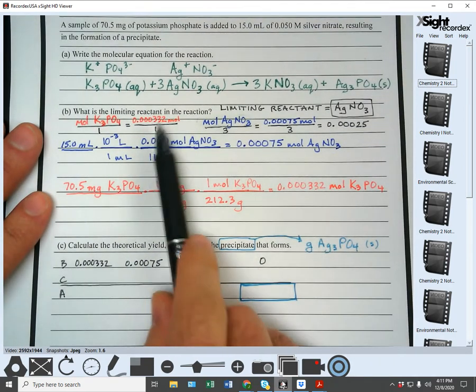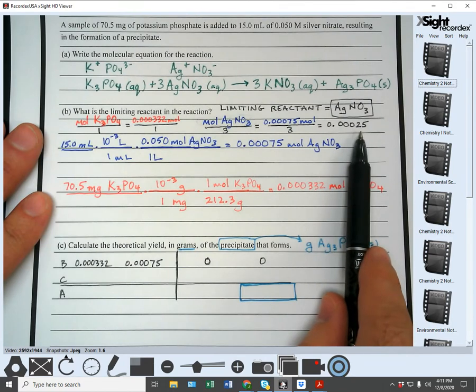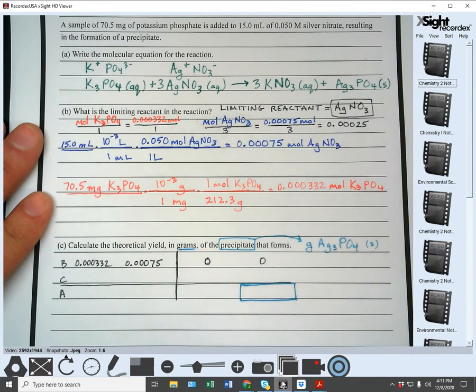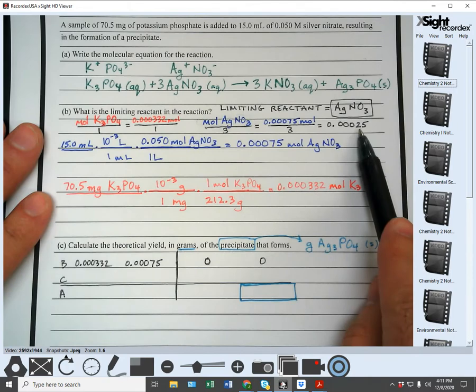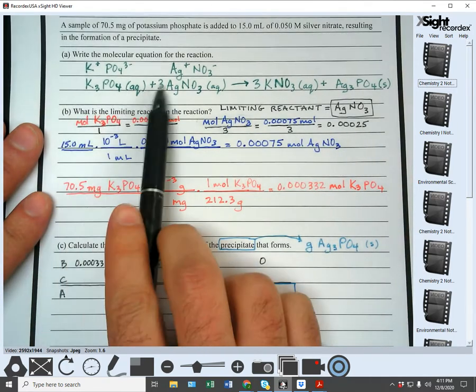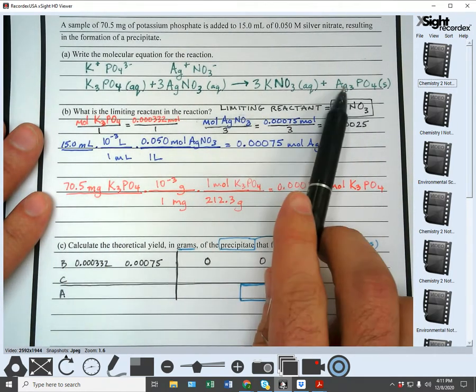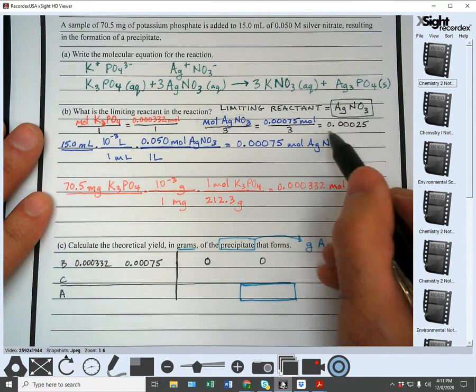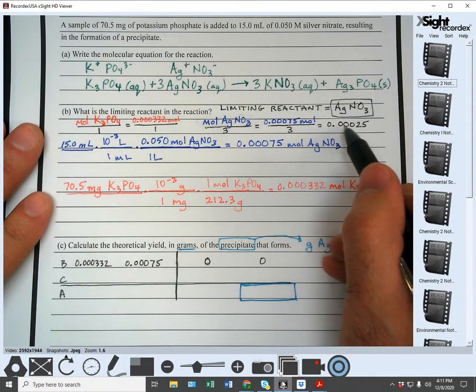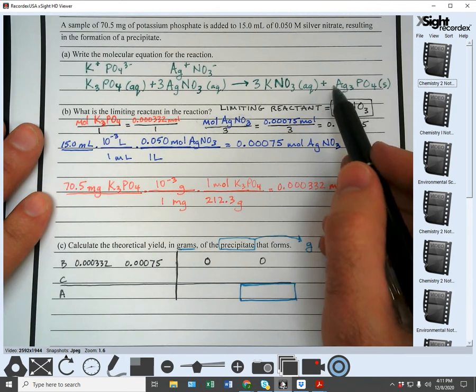So after we divided by the coefficients, the smaller number, the one that tells us the limiting reactant, times the coefficients in the reaction. So 0.00025 times 1.